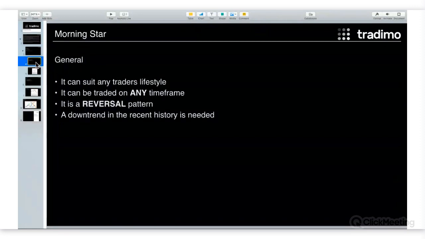A downtrend in the recent history is needed. Very, very important, because if you only look at the 3 candlesticks of the morning star formation, then of course you will find a lot of these patterns. But it is very, very important that in the recent history it was a downtrend. Otherwise it won't work out very well.